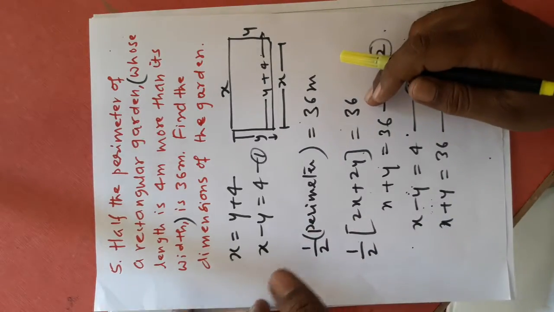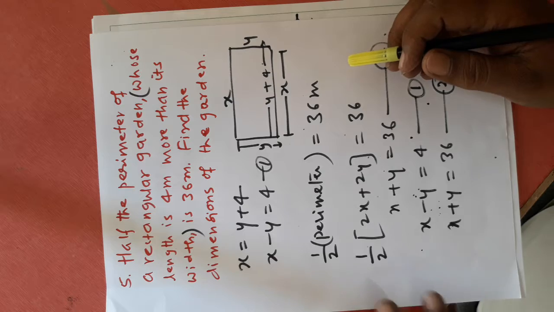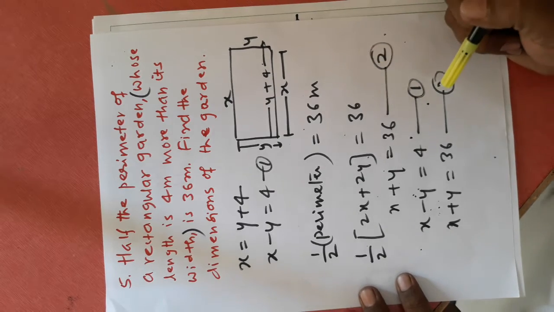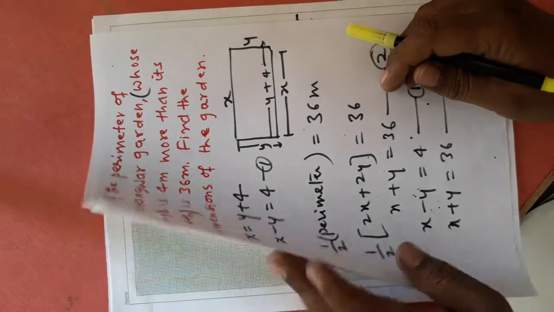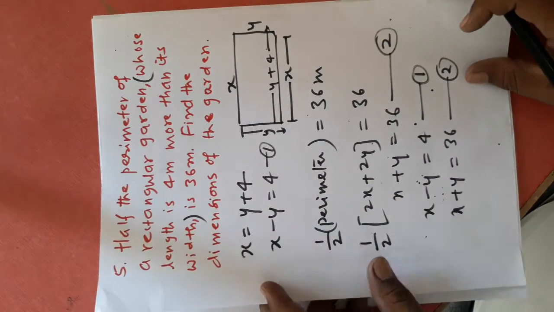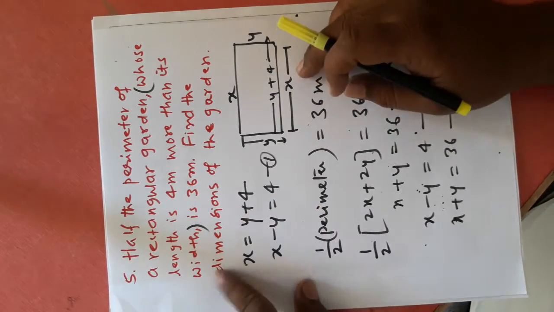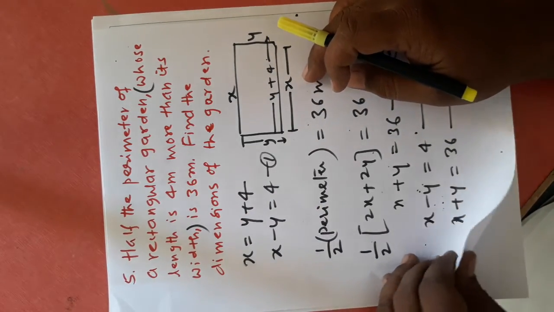So students, in the previous video of pair of linear equations in two variables, we were solving an exercise. It's exercise 3.2. In exercise 3.2, we are solving this problem. I almost solved this problem.